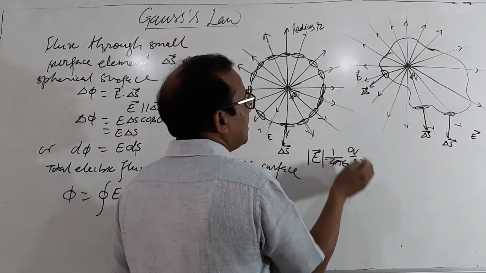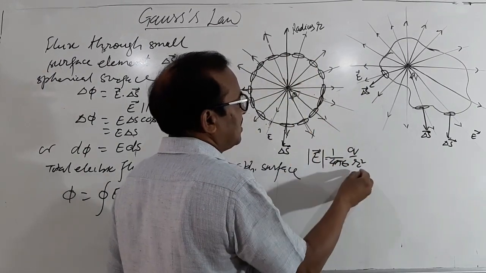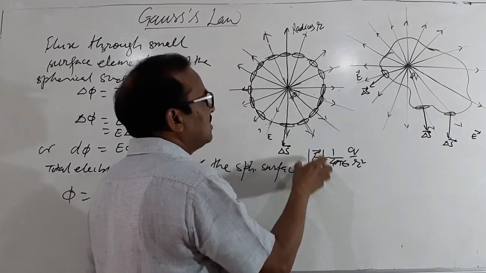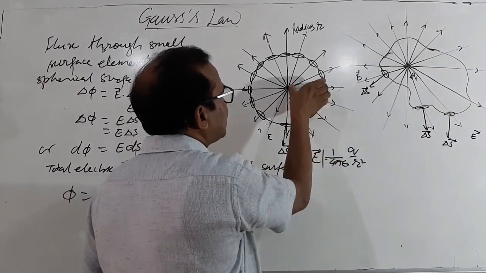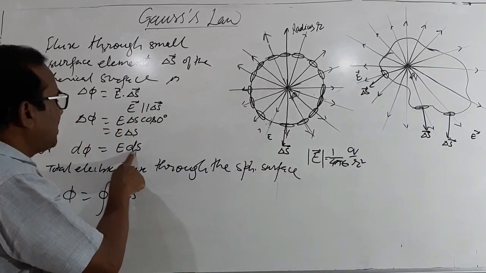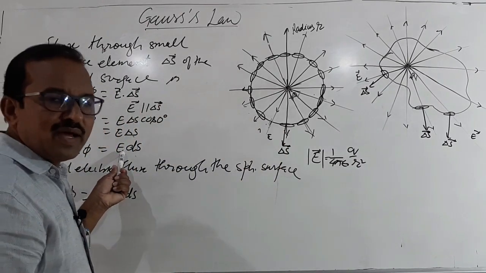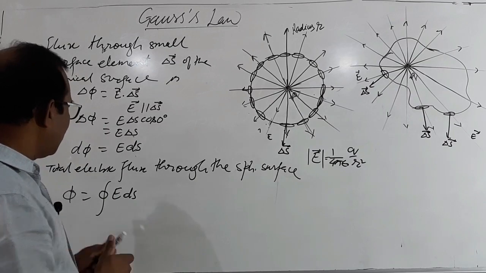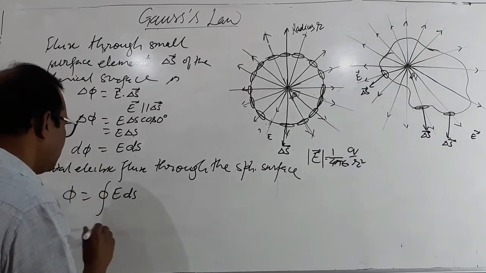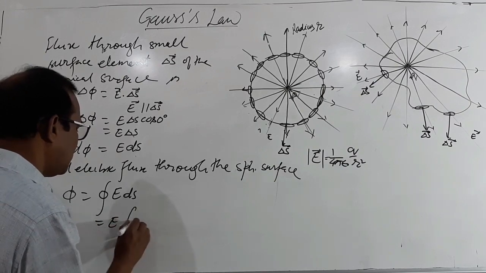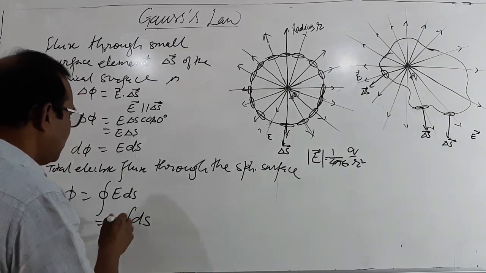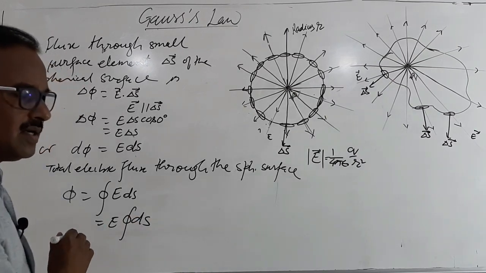And for the surface, the distance from the center is fixed, equal to the radius, so the value of E is the same on this surface. This is the magnitude of the electric field. In this equation, you can take this E out of the closed integral ds.